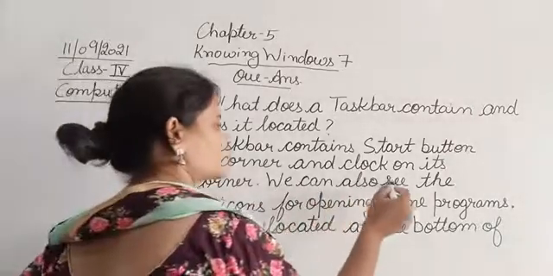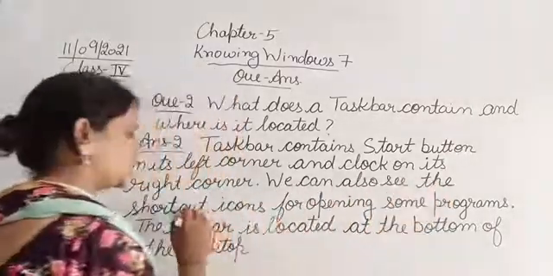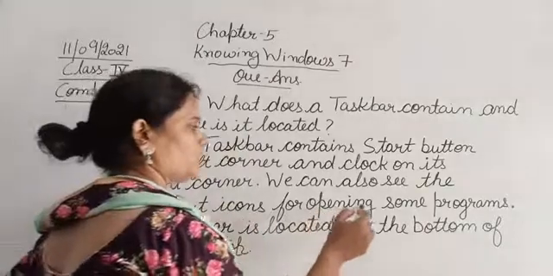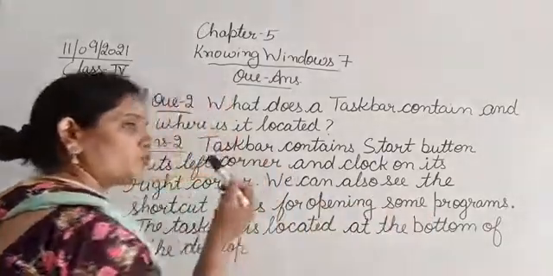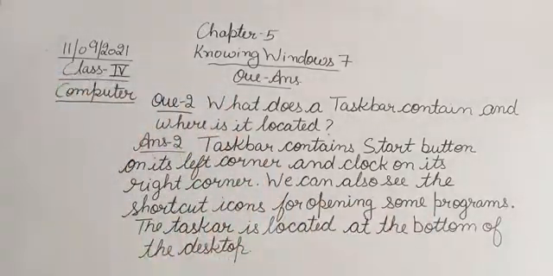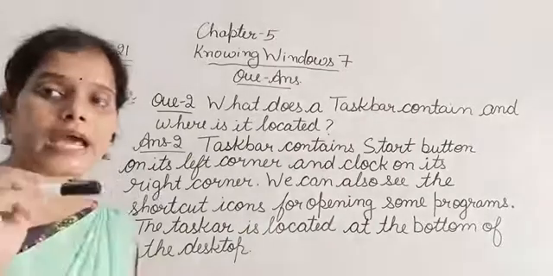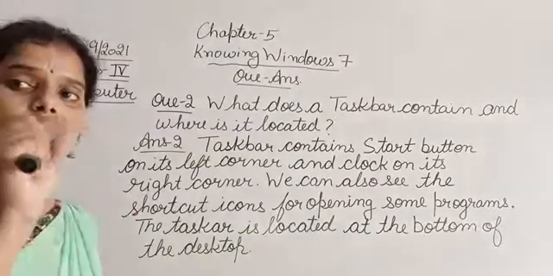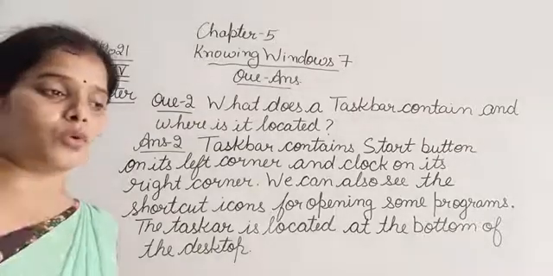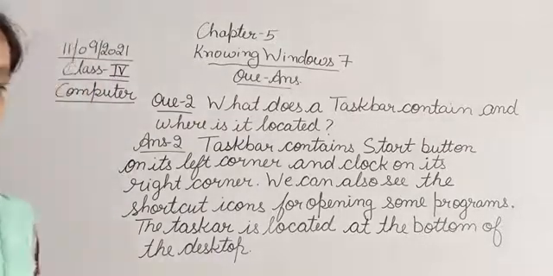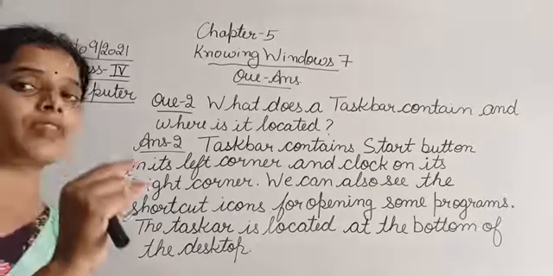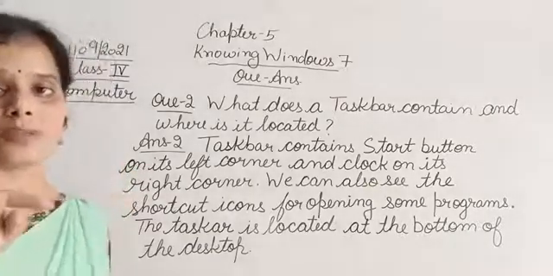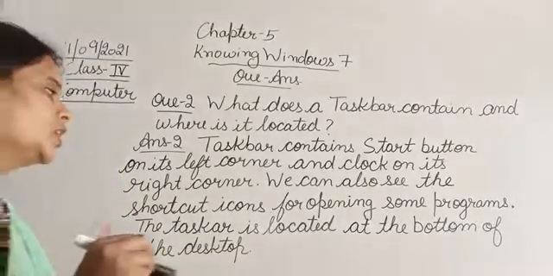We can also see the shortcut icons for opening some programs. So whenever you open a program, you can see the shortcut icon of that program on the taskbar as well. Whatever program or file you have opened, you will see a shortcut of it on the taskbar.